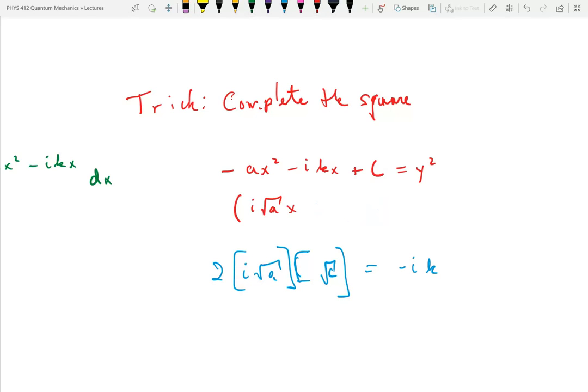Okay, I'm going to back up. If we're going to complete the square, for the first term, I have to have the square root of minus a, which is i. And for the second term, I have to have the square root of c.